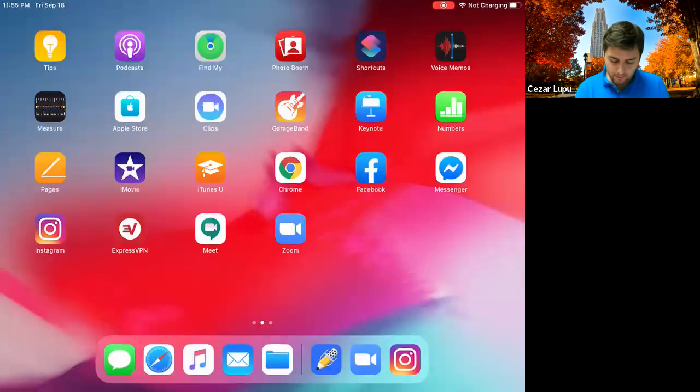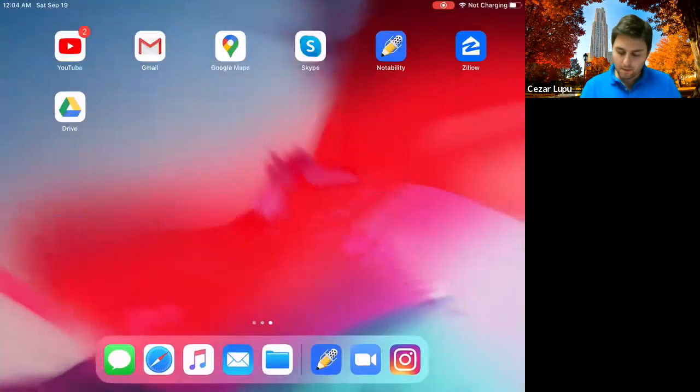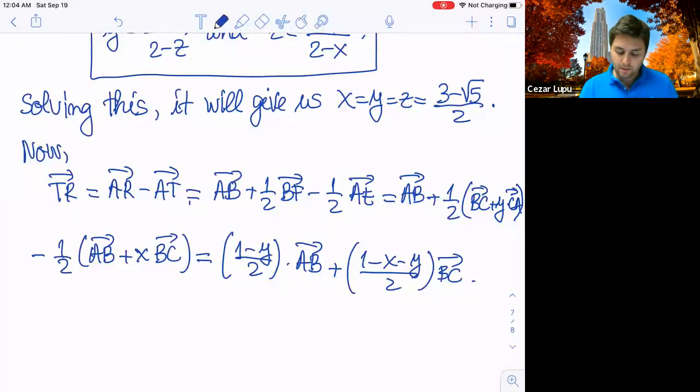So we wrote this vector TR as (1 minus y over 2) times AB vector plus ((1 minus x minus y) over 2) times BC vector.